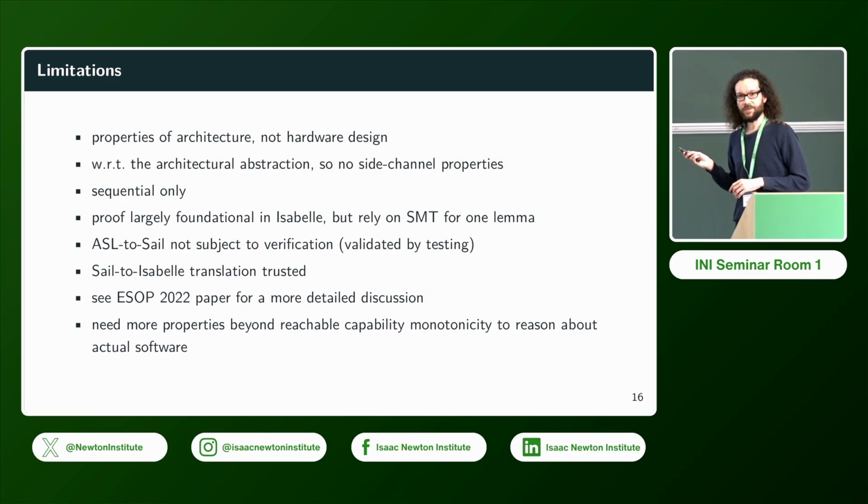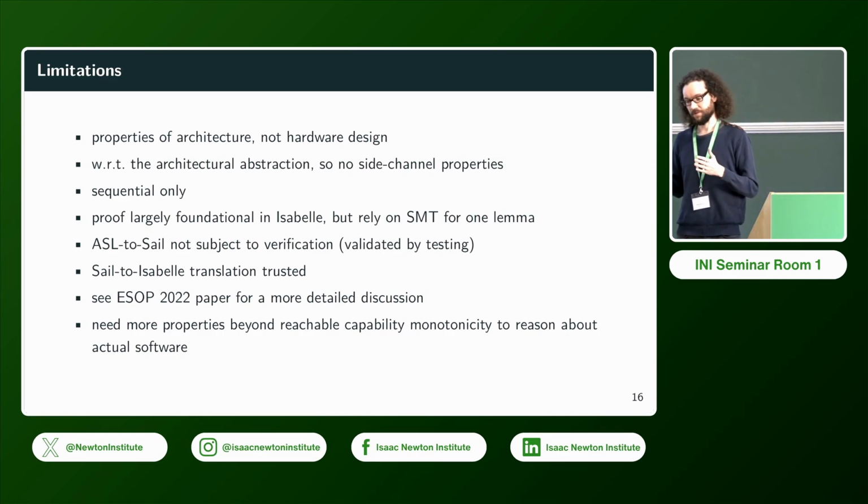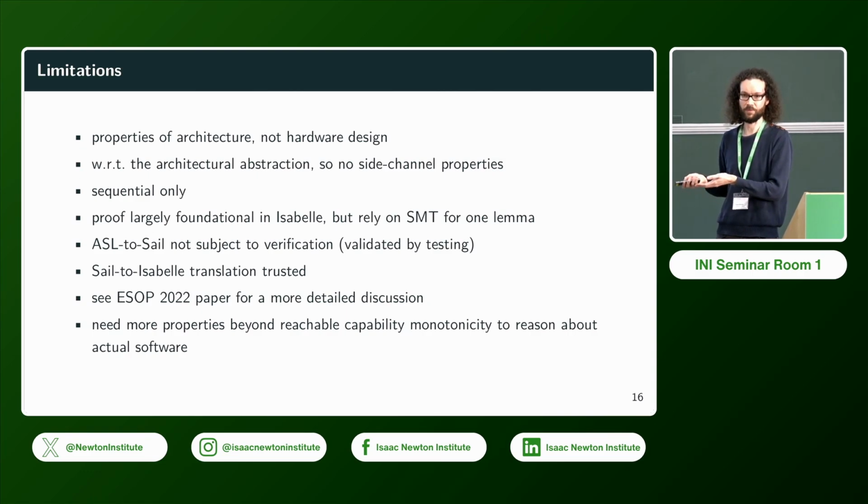Of course, there are some limitations of this work. So this is just about the architecture specification, not about the microarchitecture of the actual Morello chip. We don't consider side channels or concurrency in this work. There are some trusted computing base, like the translation into Isabelle.